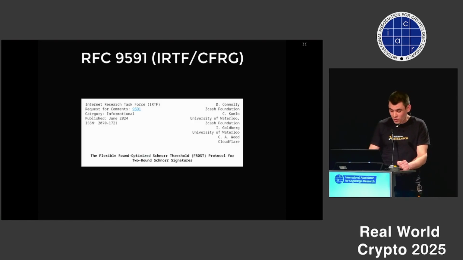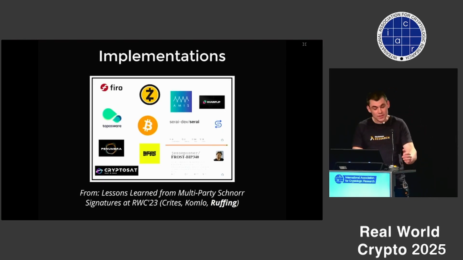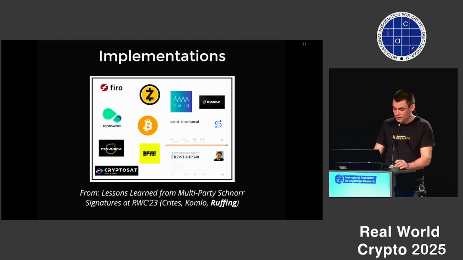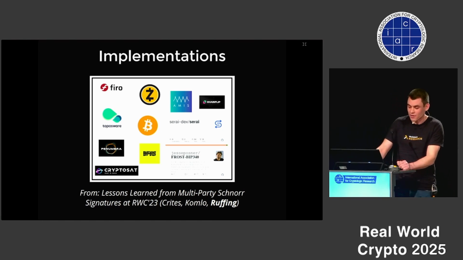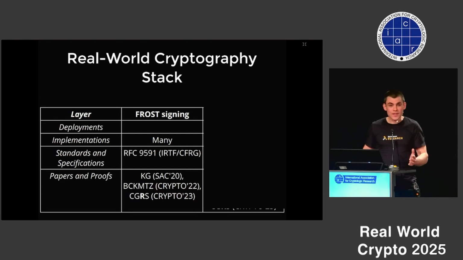There's also a high-quality specification of FROST in the form of an IRTF RFC. And there is a growing list of implementations of FROST. So this specific collection of implementations was already presented at RWC 2 years ago. So there is a spec and there are implementations, but there are very few deployments 5 years after FROST's publication.